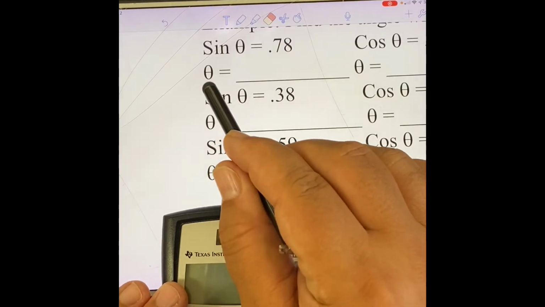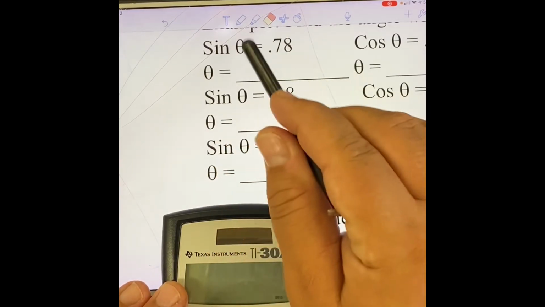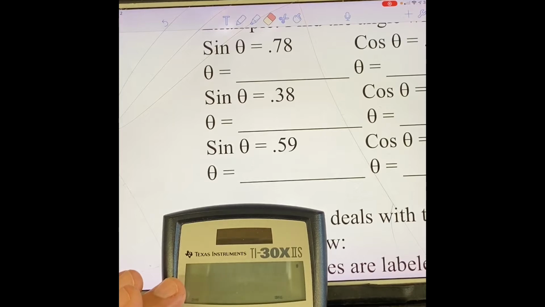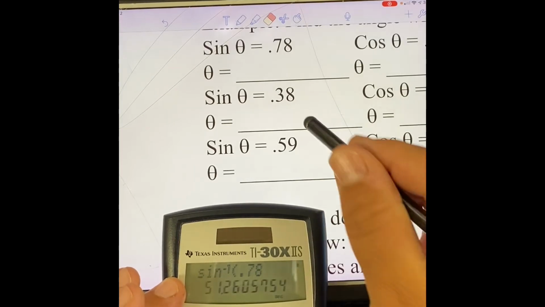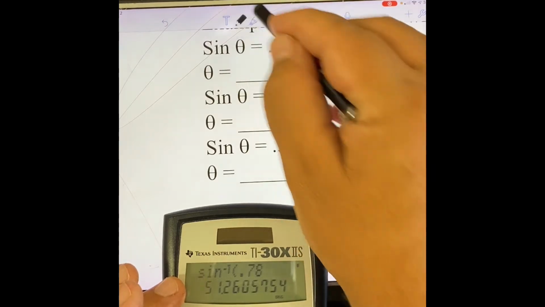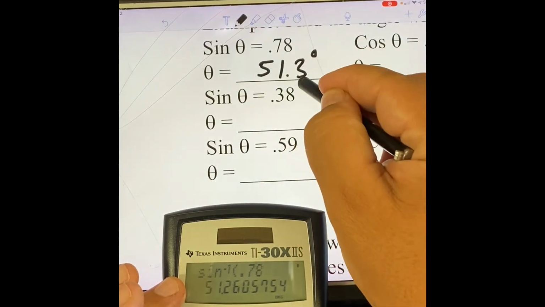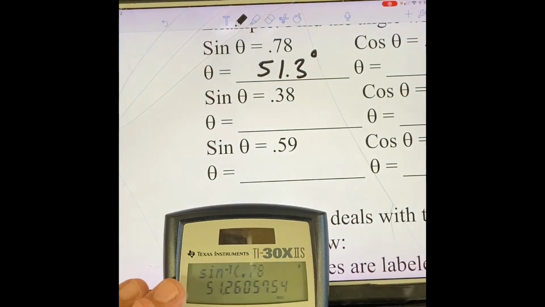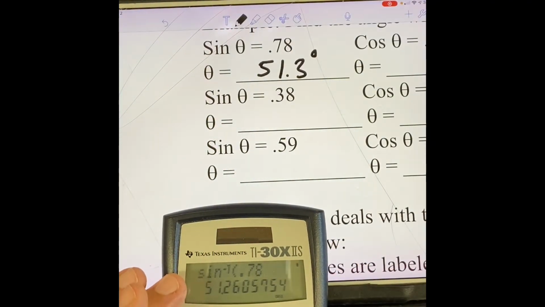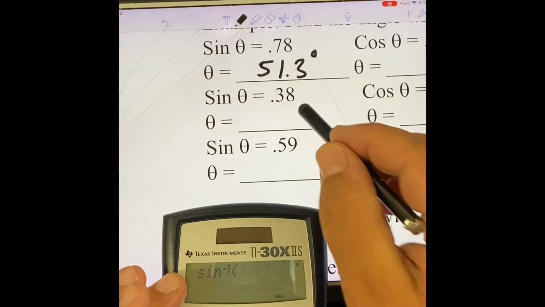Okay, so for this first one, we're going to take the arc sine of 0.78. So second function sine, we get arc sine. 0.78 we saw was 51.3 degrees. We're going to round everything to maybe 1 decimal point for this exercise. The second one, we're going to go arc sine of 0.38.